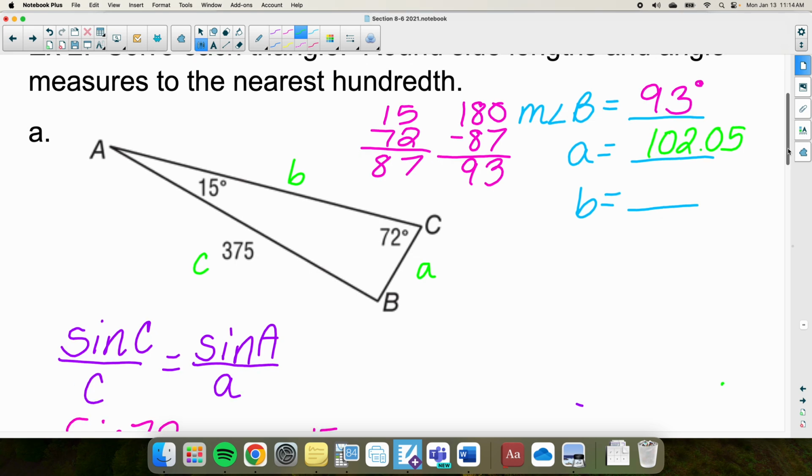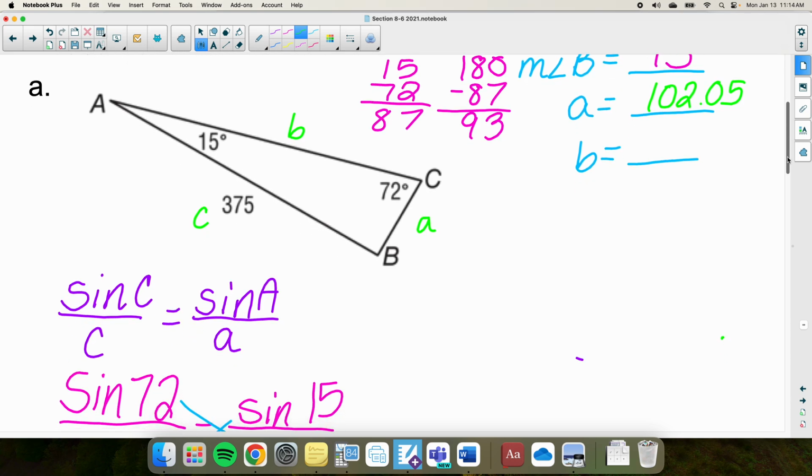Right? Now I still have to find my little b, and I can't use Pythagorean theorem. You never can for the rest of this chapter because we're going to have triangles that are not right. Okay? So what I have to do then is this. I am going to use my sine of c over little c again.